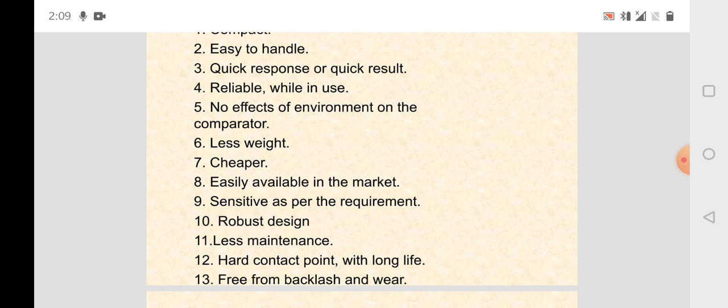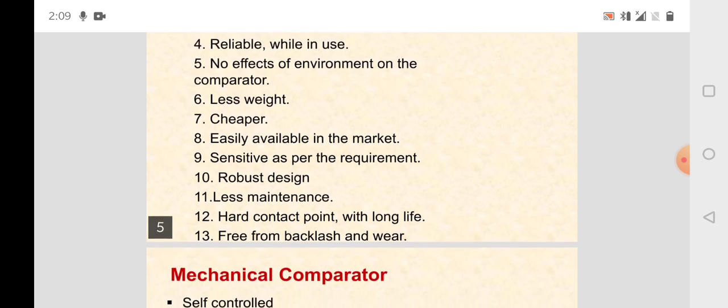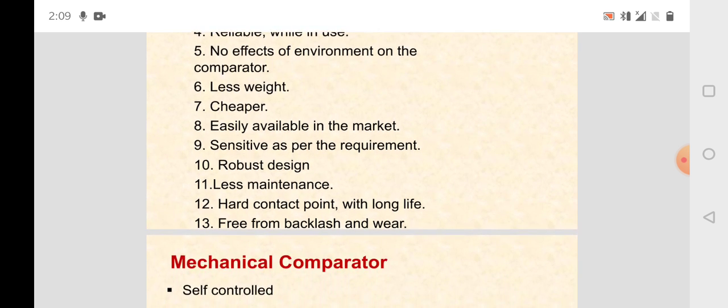It should be cheaper, from an economical point of view we are using it. Then easily available in the market, sensitive as per the requirement. So whichever dimension is to be checked, it should give you the result readily, very efficiently and accurately, and very precisely.